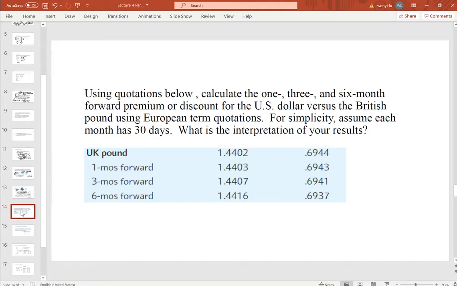And you can see there's another question very similar to what we just did. Right? Now it's turned to be the British pound. So this is the American term, this is the what? This is the European terms. Right? So this is in dollar. And this is in what? This is in the British pound.